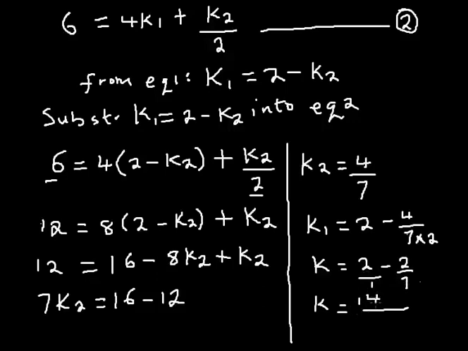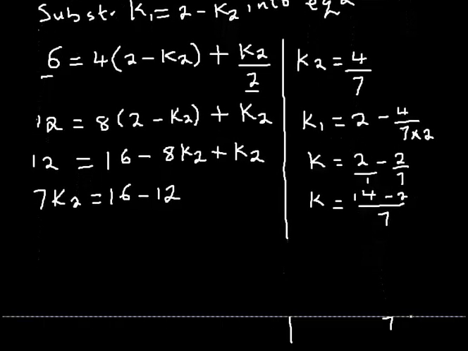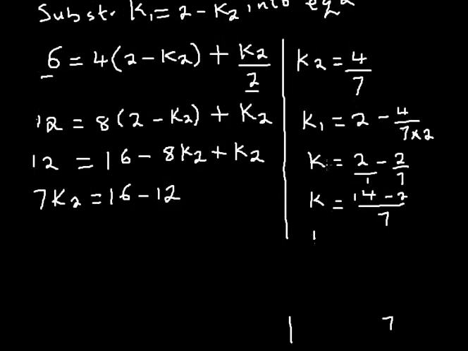All right, then minus 4 is 10 divided by 7. All right, so this is of course k1. So my k1 now is going to be 12 divided by 7.